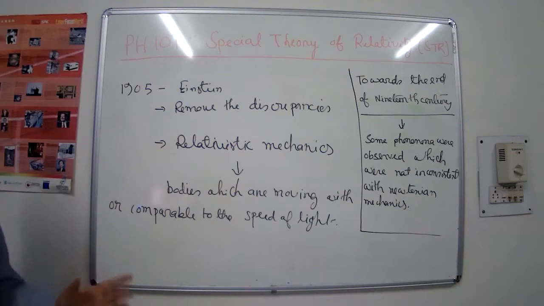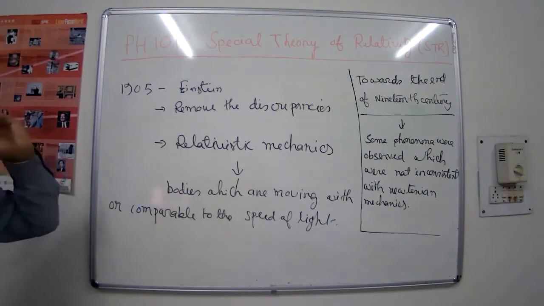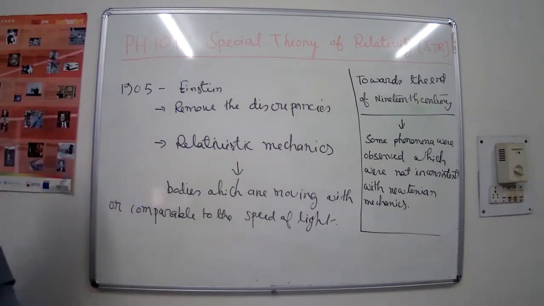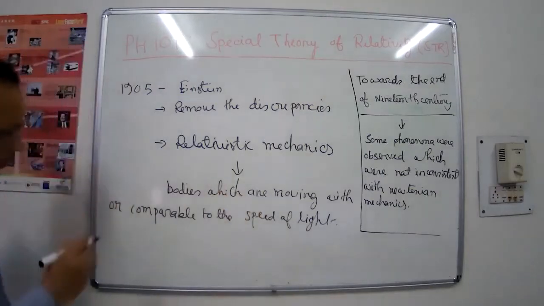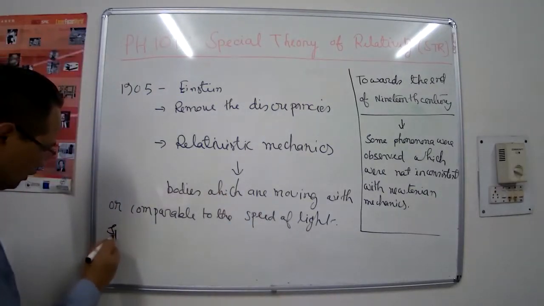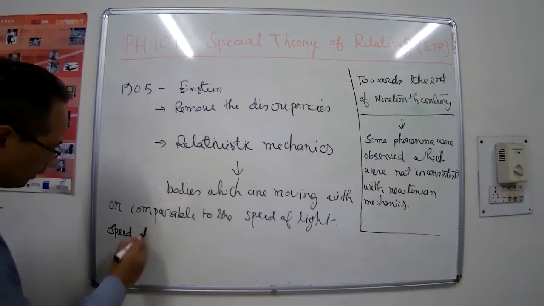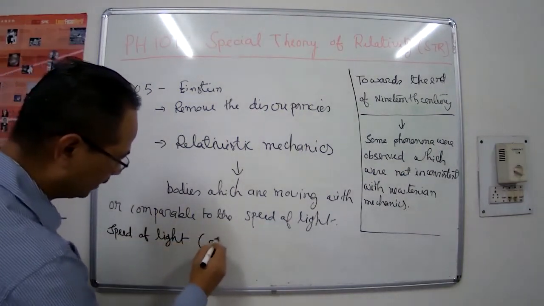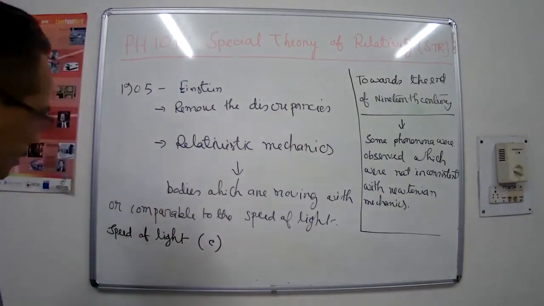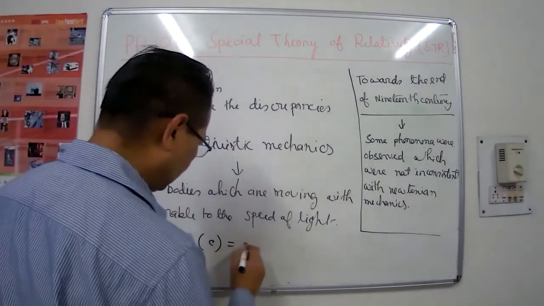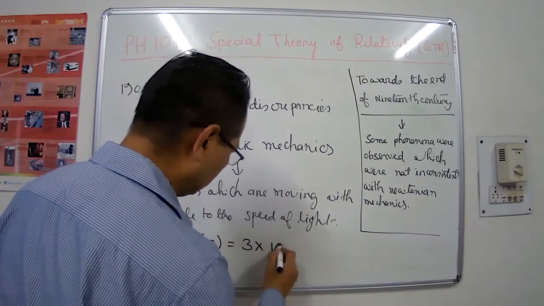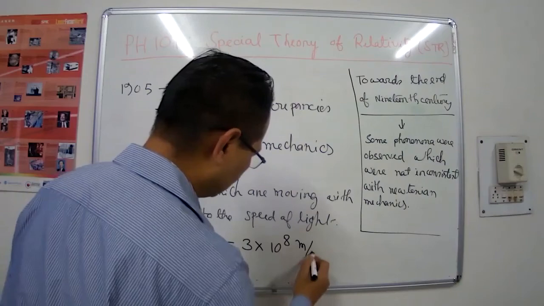So when we talk about relativistic mechanics, what Einstein started with is intricately related to the speed of light. You will be knowing that the speed of light is normally denoted by the letter c, and the approximate accepted value of the speed of light is 3 into 10 power 8 meter per second.